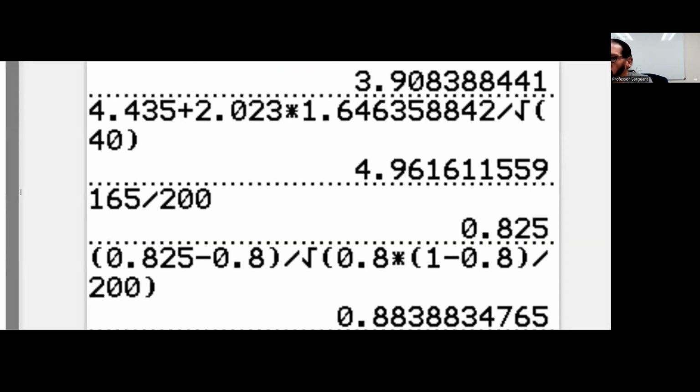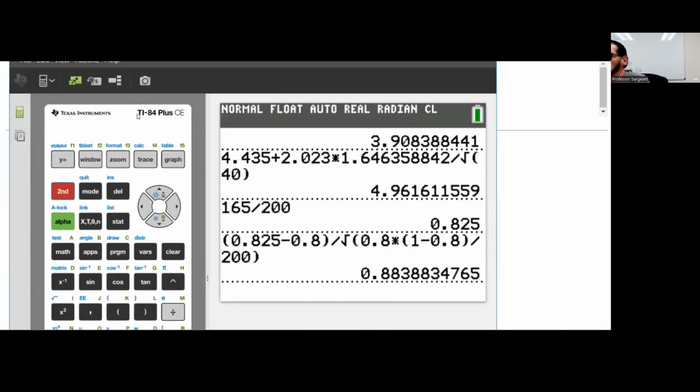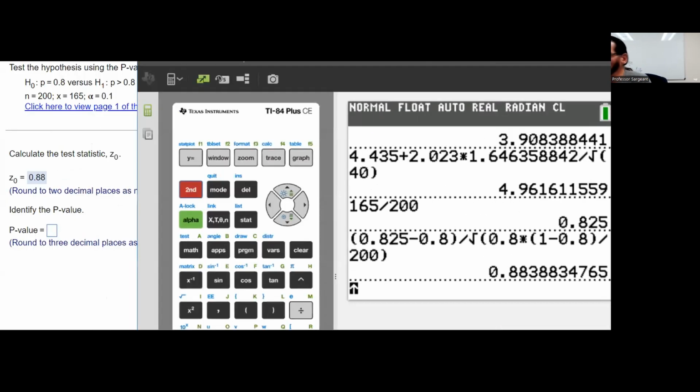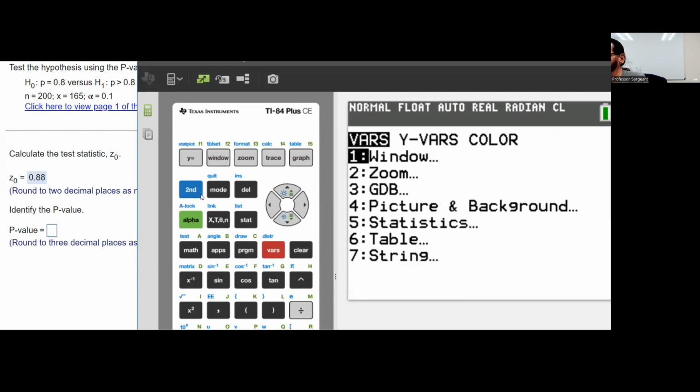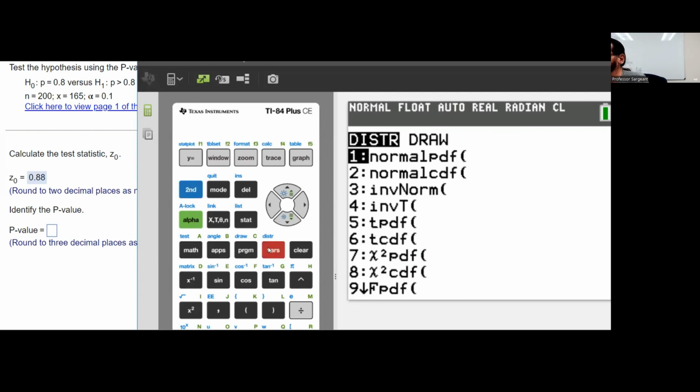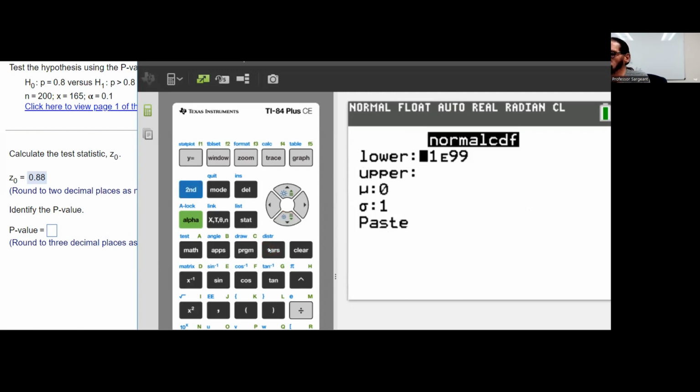Okay, so because we've calculated a z-score, we have standardized this. We would be going from 0.88 infinitely to the right, so using 10 to the 99 for the largest number going towards positive infinity.